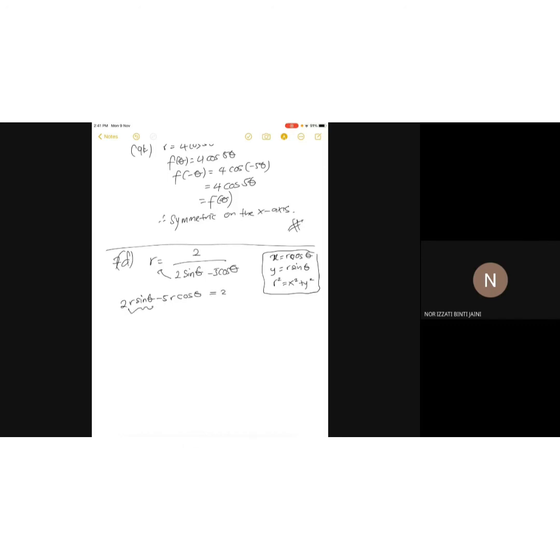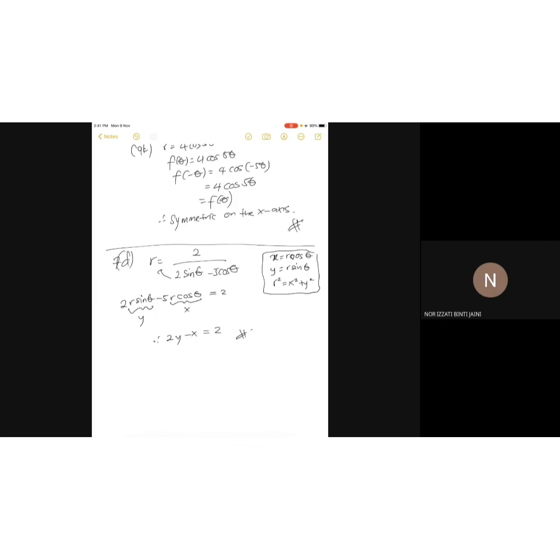So r sin theta ni dah boleh jadi y, r cos theta ni dah boleh jadi x. So kita dapat 2y tolak 5x sama dengan 2. Sampai sini saja. Okay. Bila awak tahu yang awak kena berhenti? Okay, apabila awak tengok equation awak dah tak ada r dan theta. So kalau dia suruh tukar kepada rectangular, rectangular must be in x and y only. Okay, so ada lagi tak r dan theta kat sini? Tak ada kan? So boleh berhenti sampai sini.